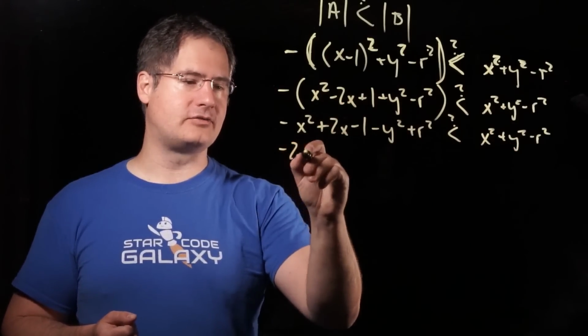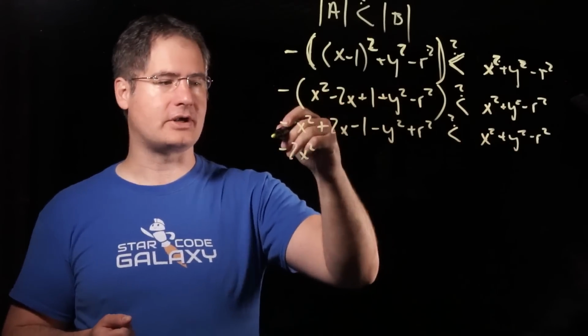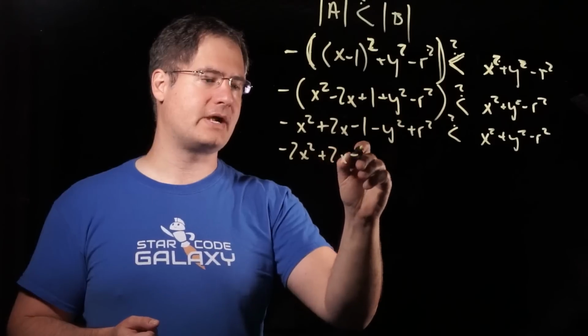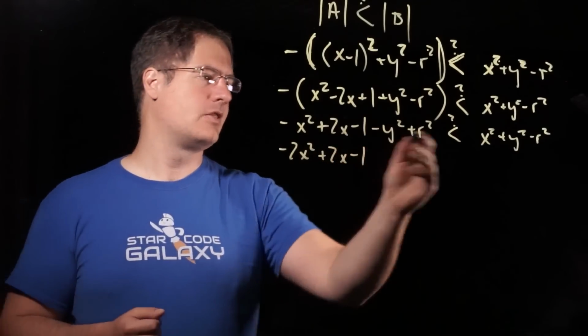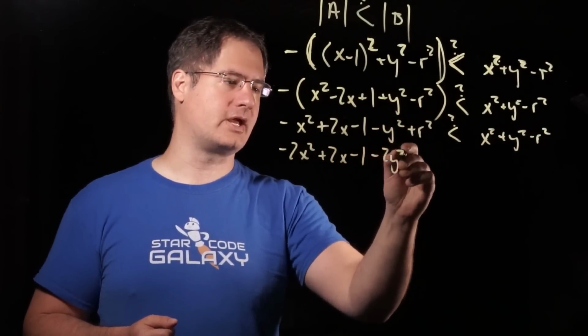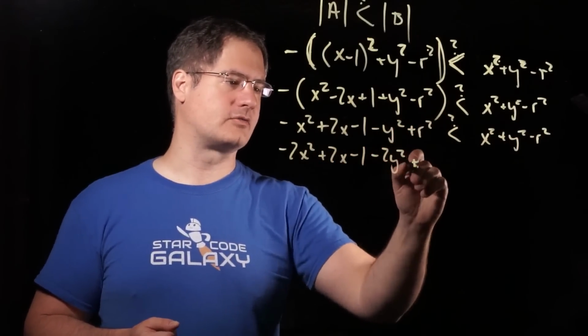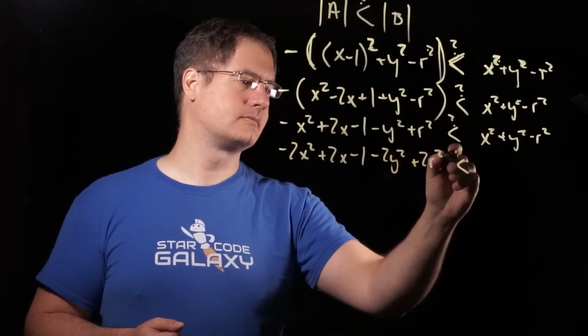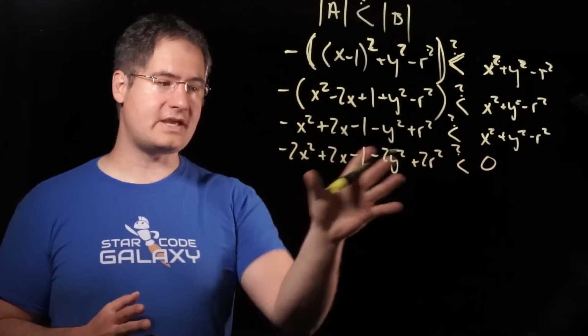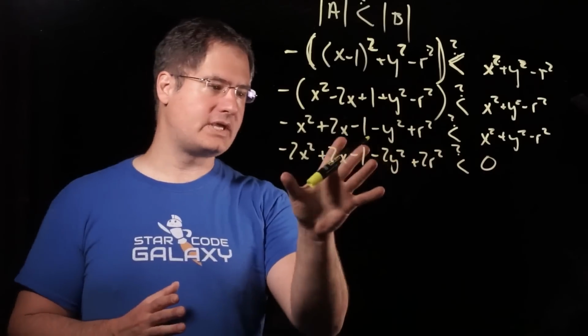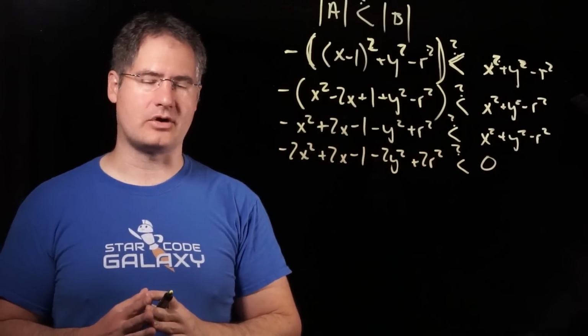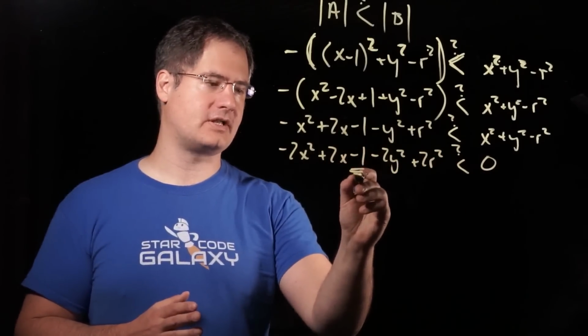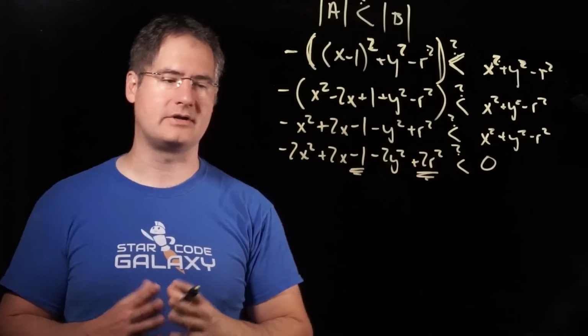The x squareds double up because there's an x squared here. It comes over and it's minus. The 2x minus 1 remains the same. The y squareds also double up, and the r squareds double up, which leaves us with this. And we can quickly identify here that there are some constants. Minus 1 is a constant, and plus 2r squared is a constant.